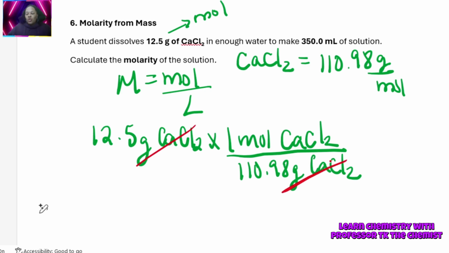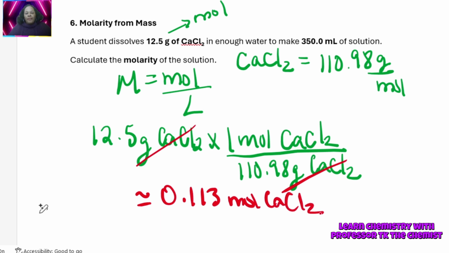So 12.5 divided by 110.98 gives us, in 3 significant digits, 0.113 moles of calcium chloride.